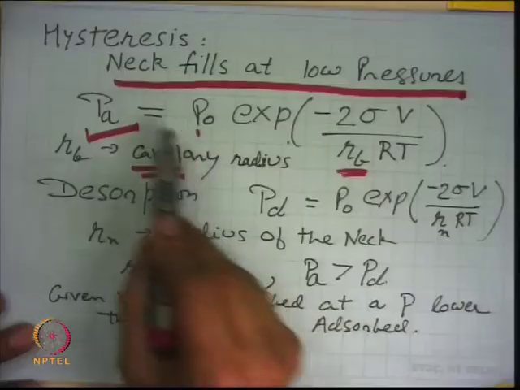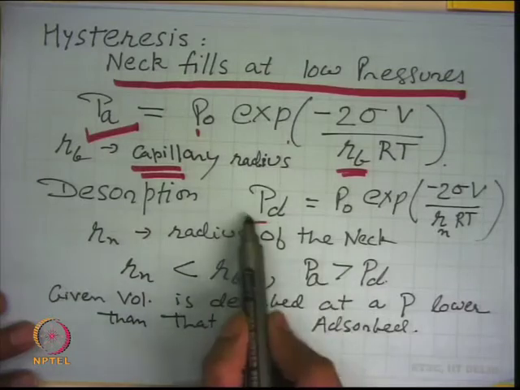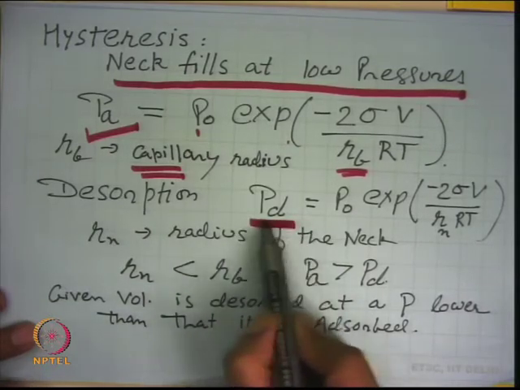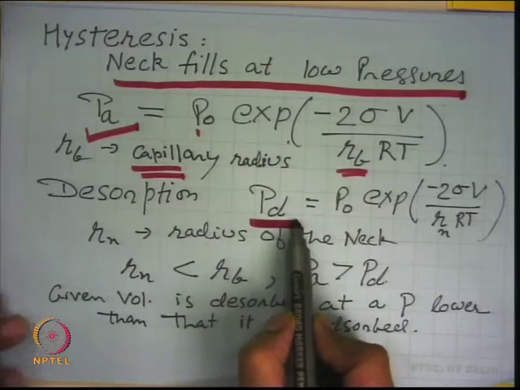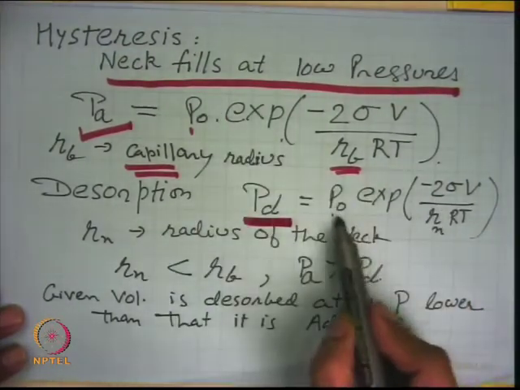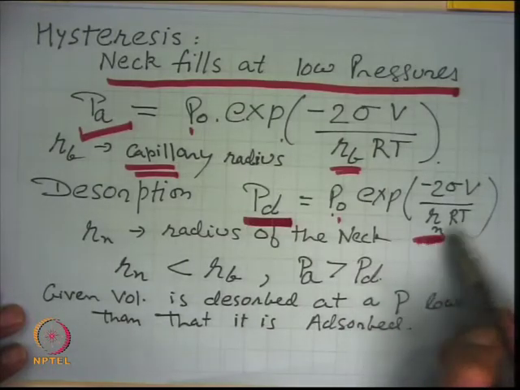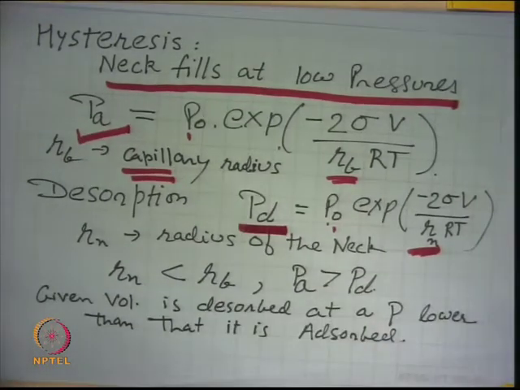So, meniscus forms there. So, here this is the pressure for adsorption, and when desorption starts, you will write the pressure required for desorption P d, right, and this pressure is again given by the same equation, that is P 0 exp minus twice sigma V upon R n R T. Now, the desorption will take place from the neck first, right.